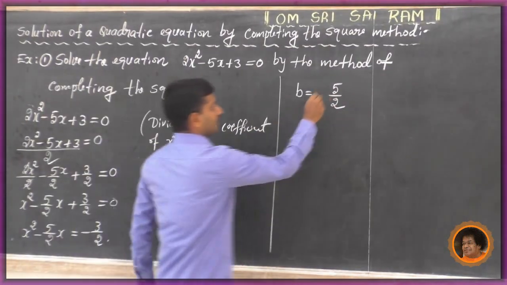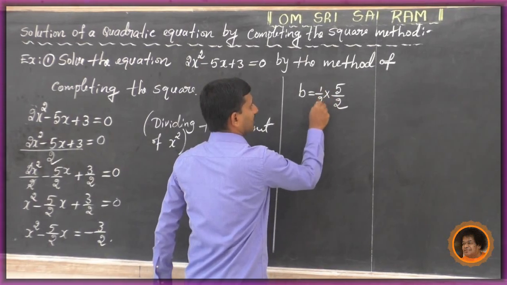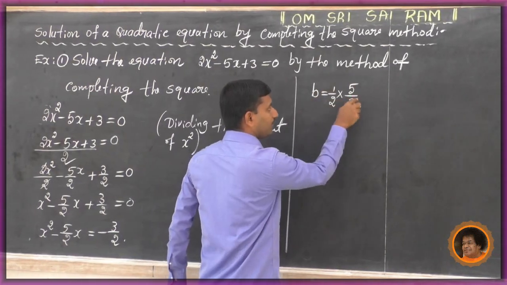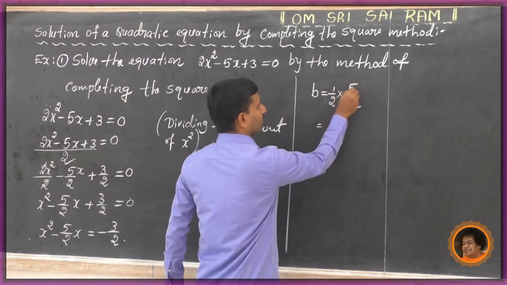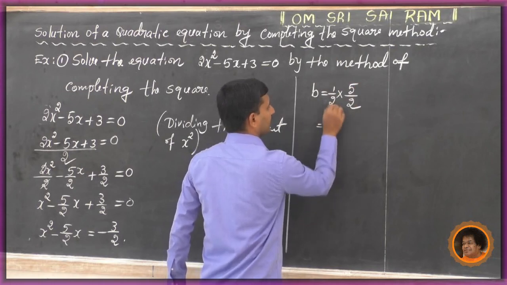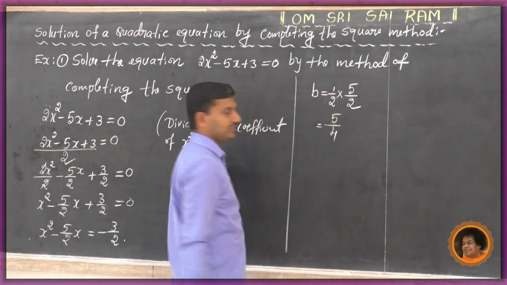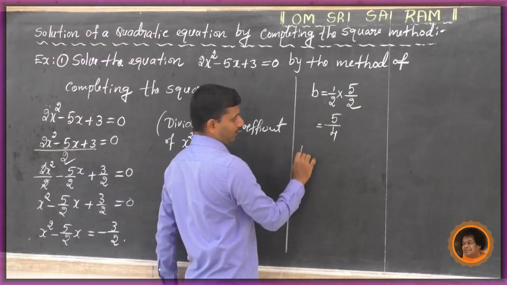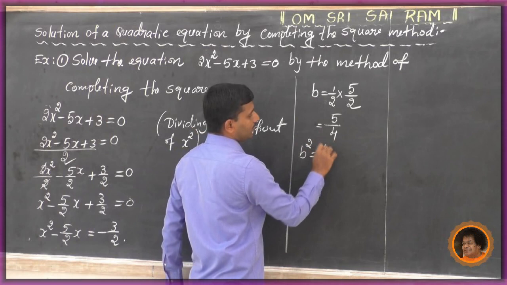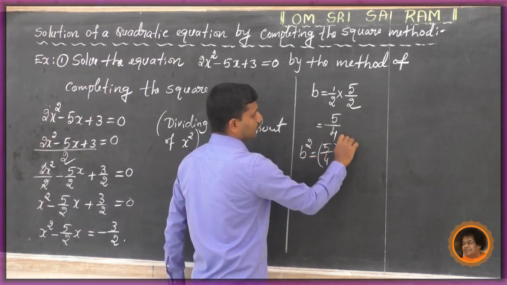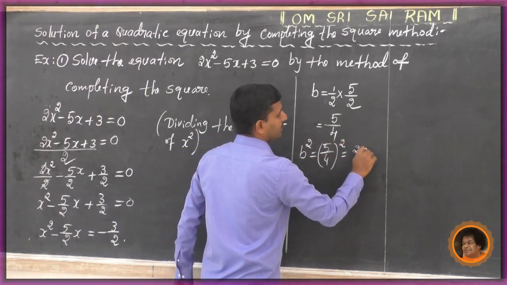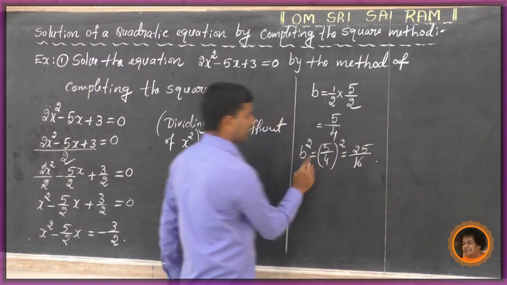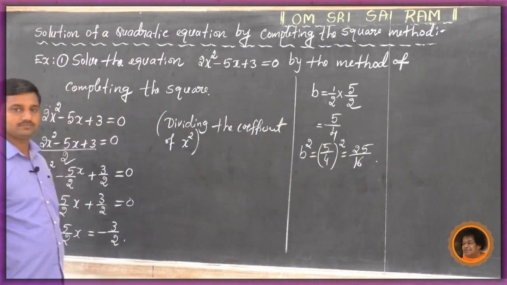Half of the coefficient of x equals 5 divided by 2 into 2, which is 5 by 4. So this is the value of b. Now square it, or find the value of b square. So b square equals 5 by 4 whole square, which equals 25 by 16. So this is the value of b square.